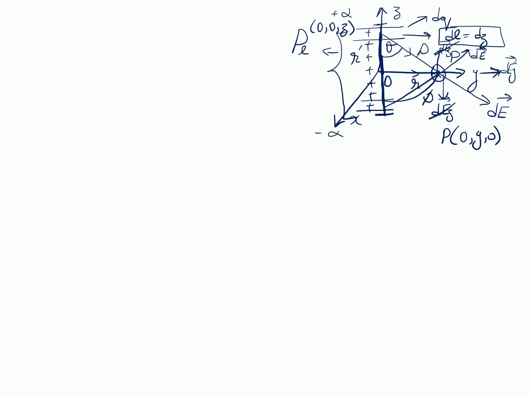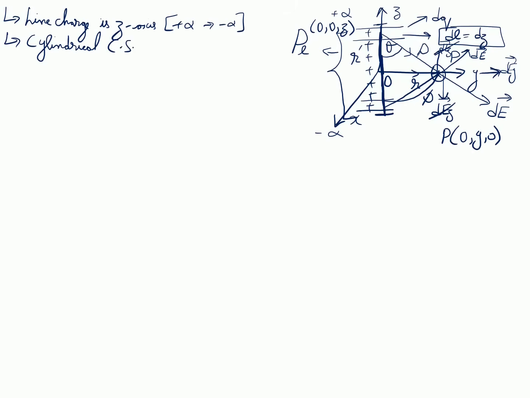So we have prepared our scenario with certain pointers: our line charge is lying on the z-axis from positive to negative infinity. We are using the cylindrical coordinate system for the analysis, and the charges are lying along the line dL, which is equal to dz, and we have selected a small charge dq.